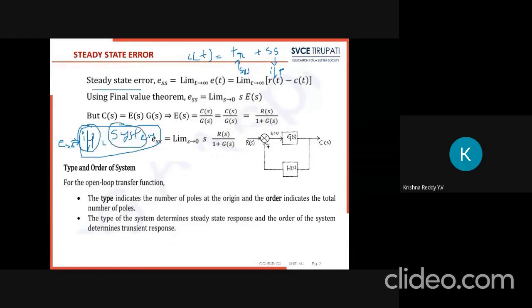The steady state error is limit t tends to infinity e of t, that is the deviation from input to the output. When you apply Laplace transform, it is limit s tends to 0, s into e of s. It is also known as the final value theorem, where e of s can be calculated from this block diagram as r of s divided by 1 plus g of s.